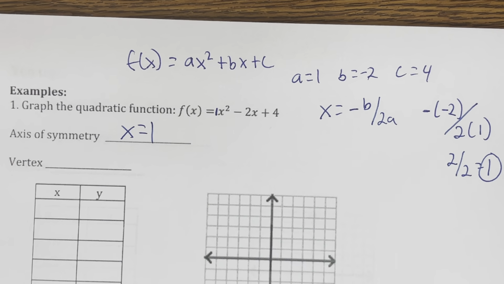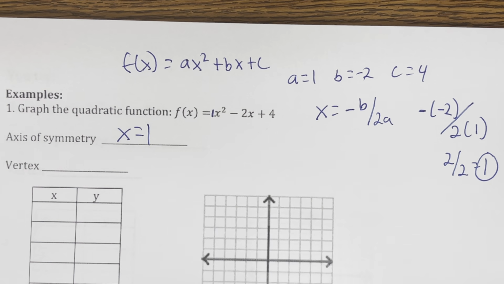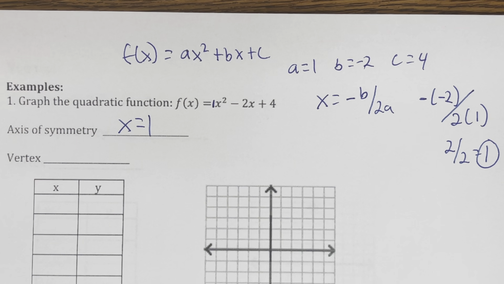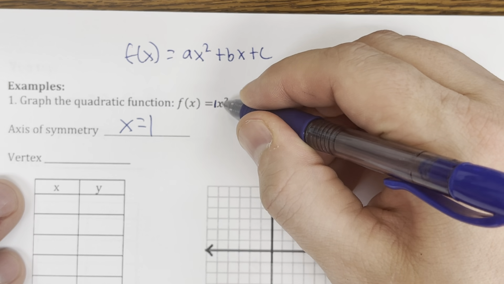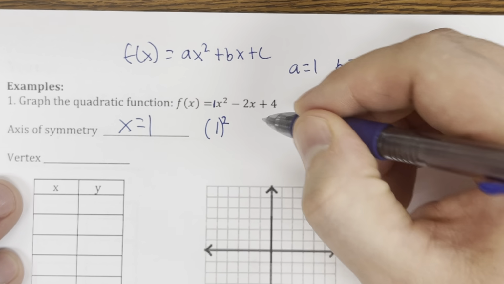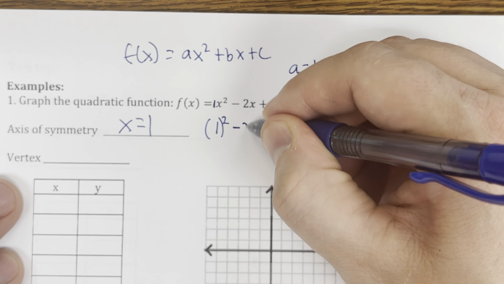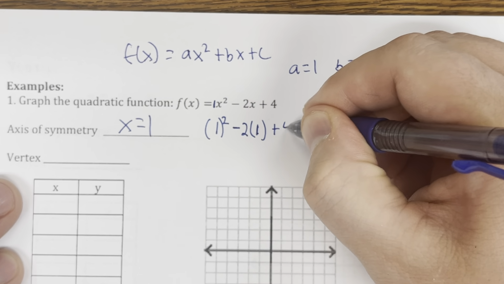In order to find the vertex, I need to plug this value back into the equation. Now, I'm going to do this one by hand, but from then on out, I'm going to actually use my calculator in order to type it in. So when I do this by hand, I would put it in for x. I'd have 1 squared in parentheses minus 2 parentheses 1 plus 4.